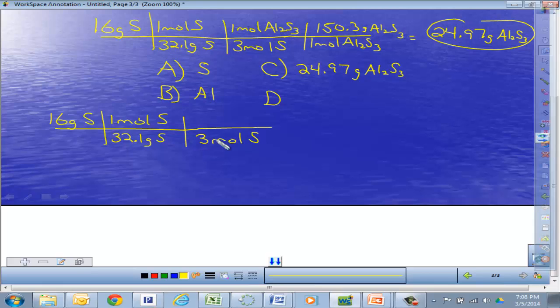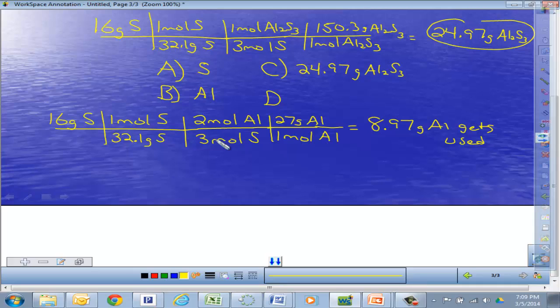Now I need to find out how much aluminum's left over. So we're now going to convert to aluminum. 1 mole of aluminum weighs 27 grams of aluminum. When I run that through my calculator, I get 8.97 grams of aluminum. That's 8.97 grams of aluminum that gets used.